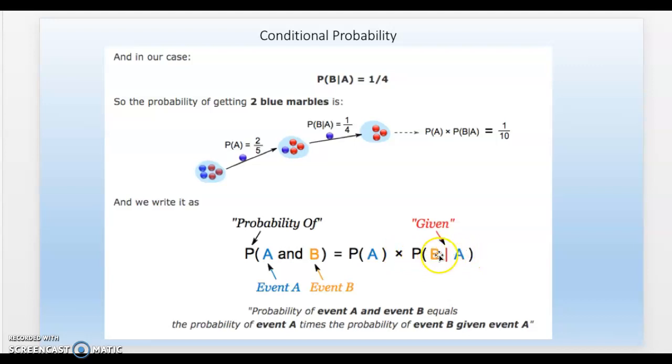Again, this is the conditional probability part. In our tree diagram, that is the second probability listed, because we're multiplying along this branch of our tree.